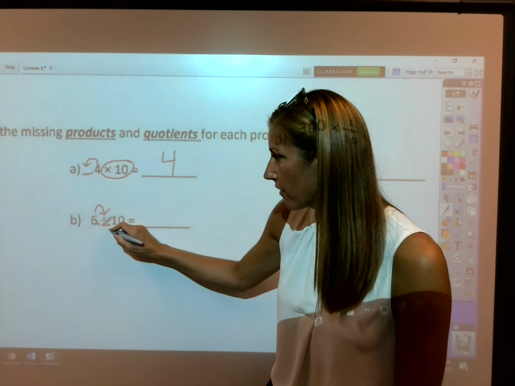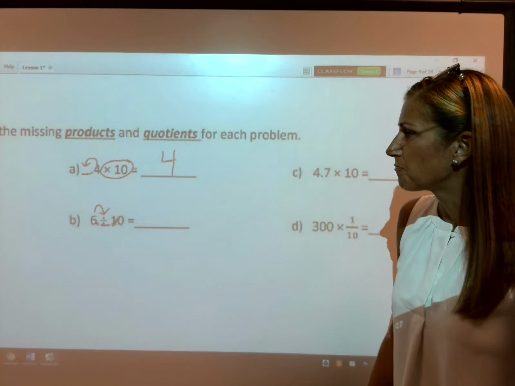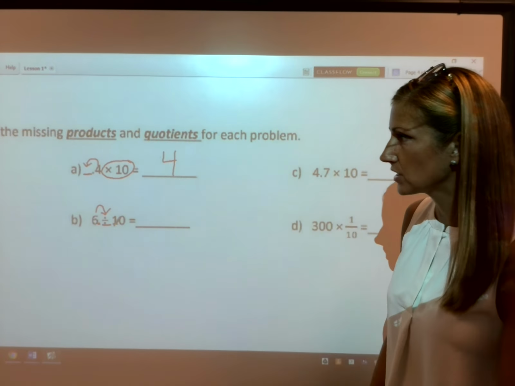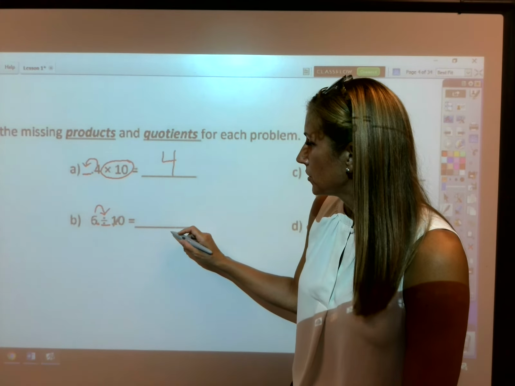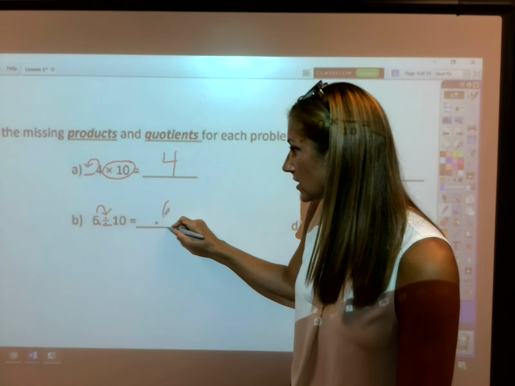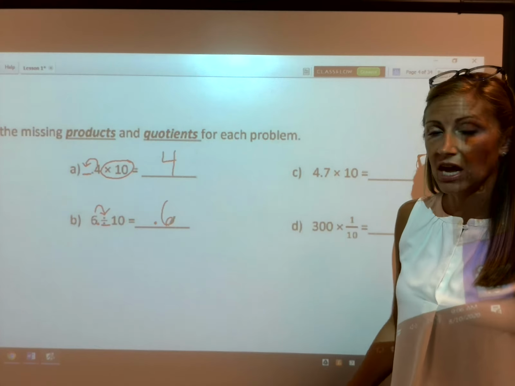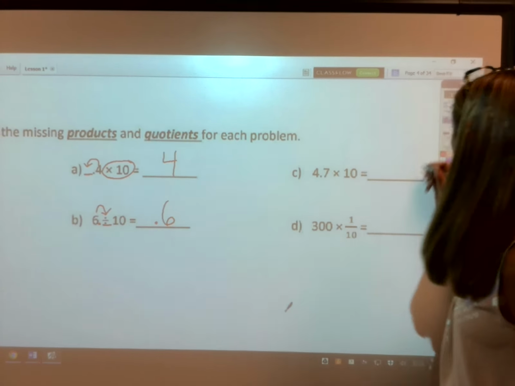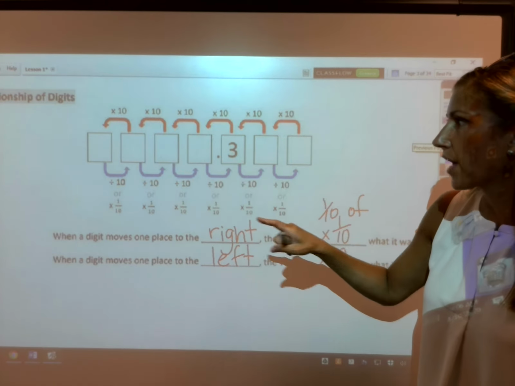Have you ever played Hangman? I put the Hangman slots in to visualize that place value and where it's at with the decimal. So maybe that's a strategy you could use too. So now I have to have that decimal, and then 6. So it's 6 tenths because it moved one place value. Sometimes you can go back to this key here and find where that number was.